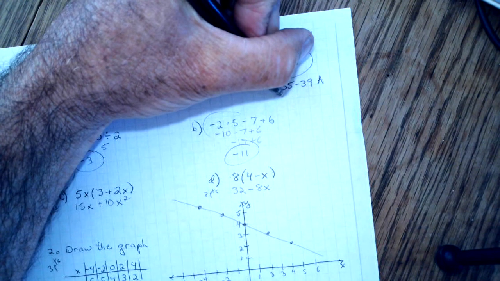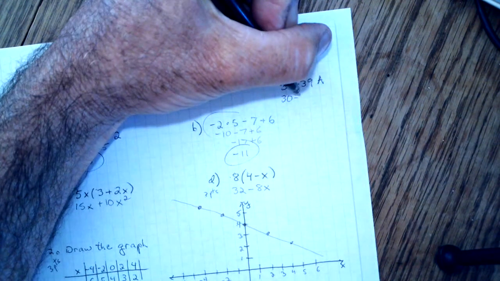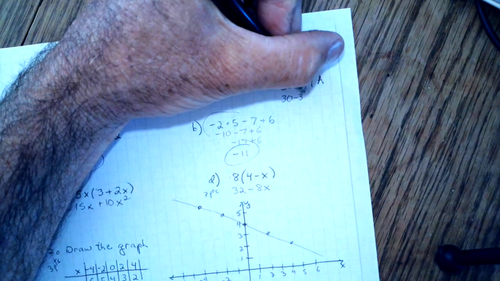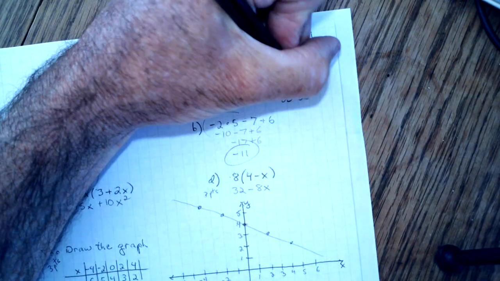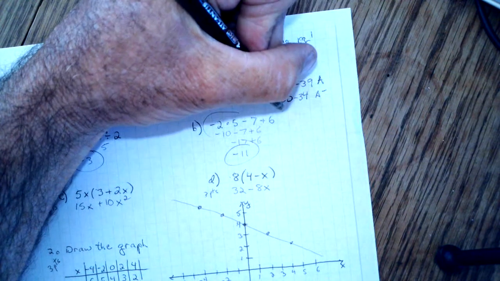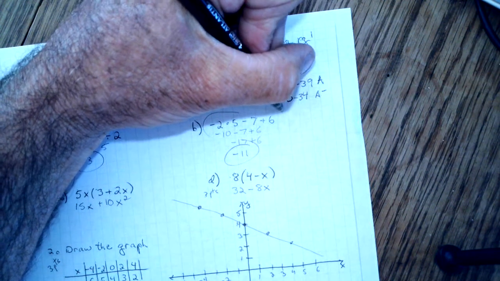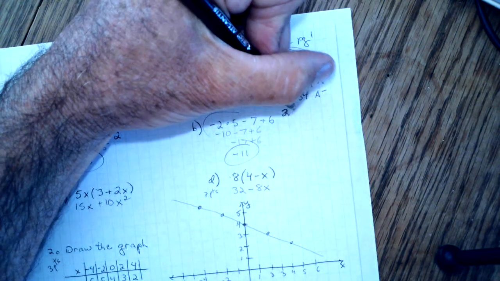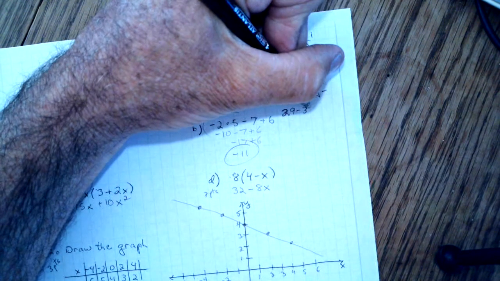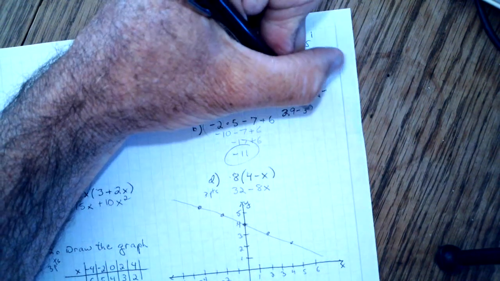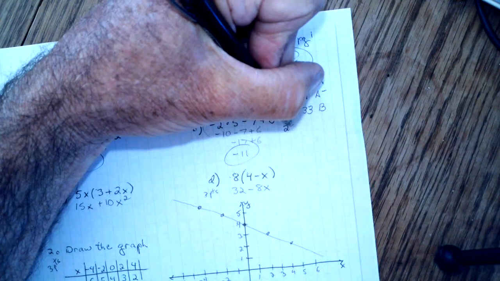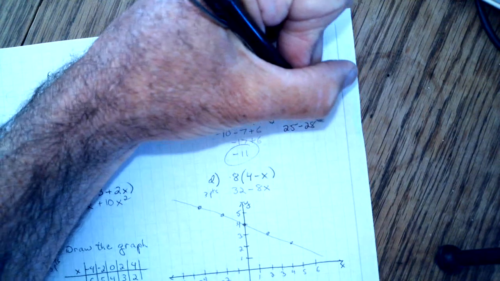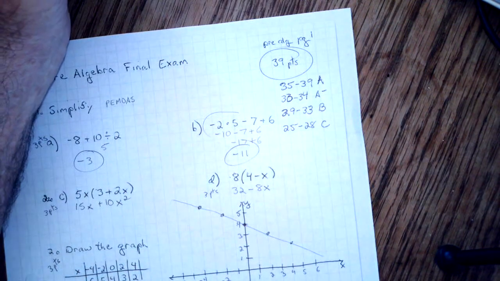Anything from 33 to 34, I would give an A minus. Then we go down from there. Anything from 29 to 32, that'll be a B. And 25 to 28 would be a C on this test. Okay, so that would be how I would score this.